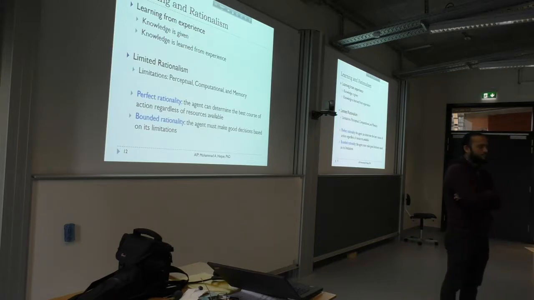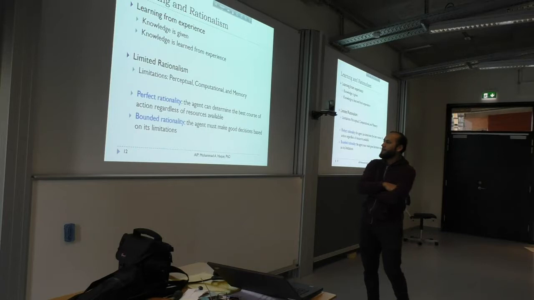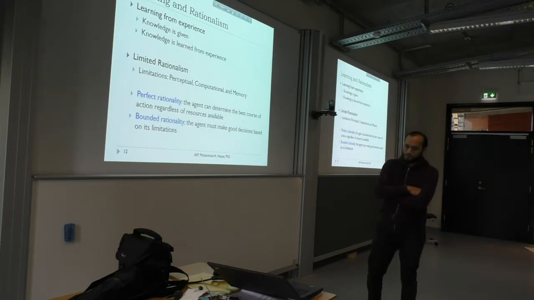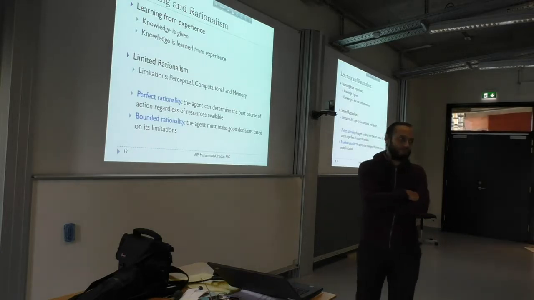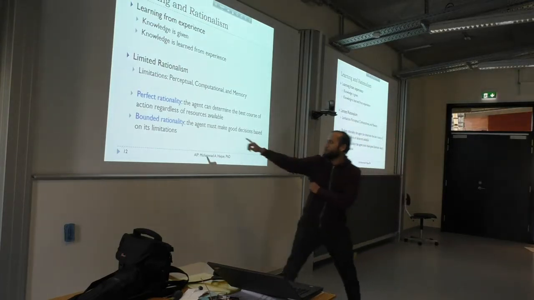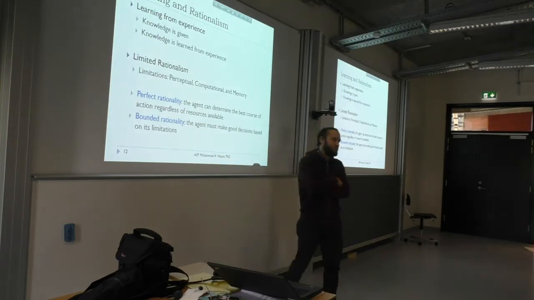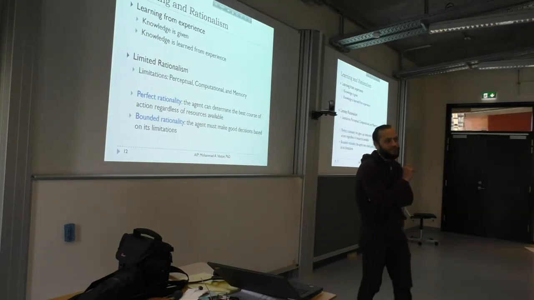Yeah, in Google Maps specifically. Yes, it is taking some other assumptions also, besides those things. When we are considering bounded rationality, the way Google Map is working is actually kind of bounded rationality. The agent must make good decisions based on its limitations. That is the real thing happening here.